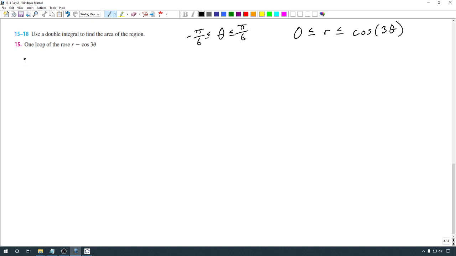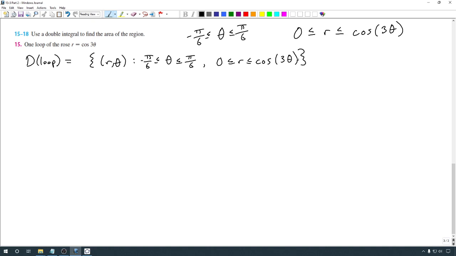Our loop, which we'll call D, is just the collection of all points r theta, where theta is between negative pi over 6 and pi over 6, and r is between 0 and cosine of 3 theta. We're looking for the area of that region.